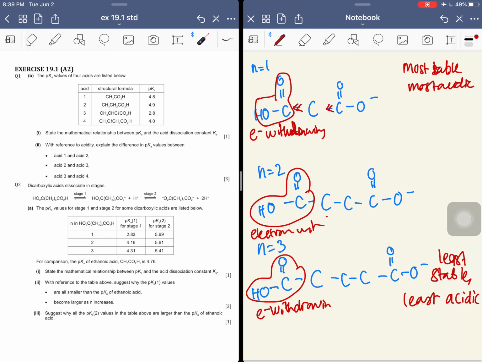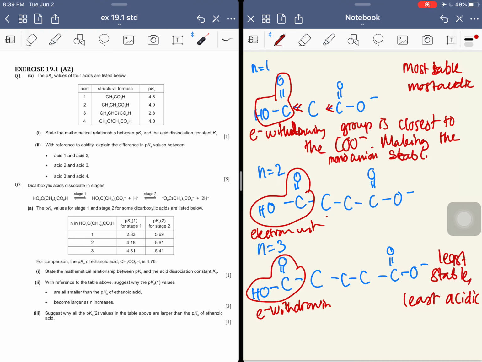The electron withdrawing group is closest to the COO minus, making the anion, which we call a monoanion, with a charge of -1, stable.